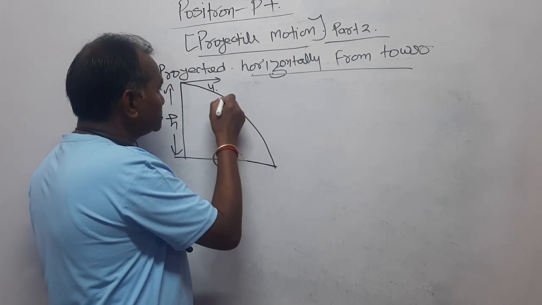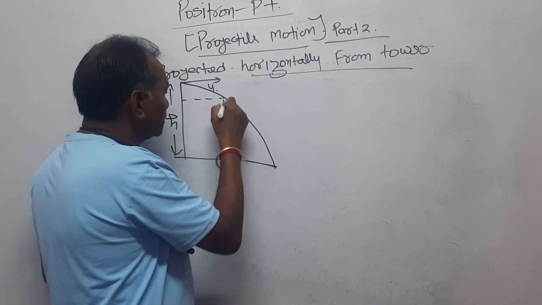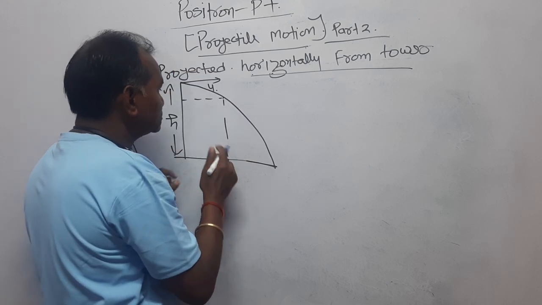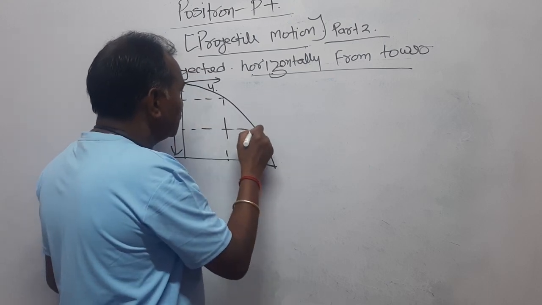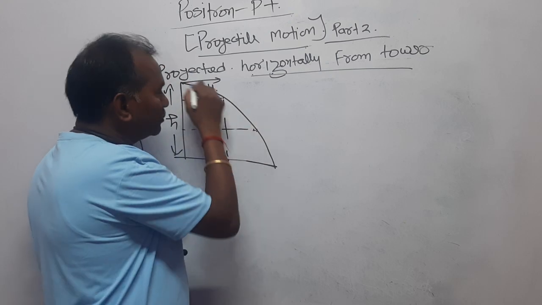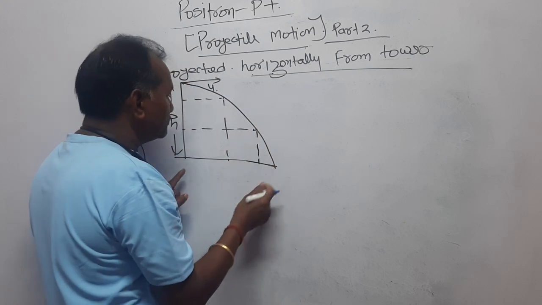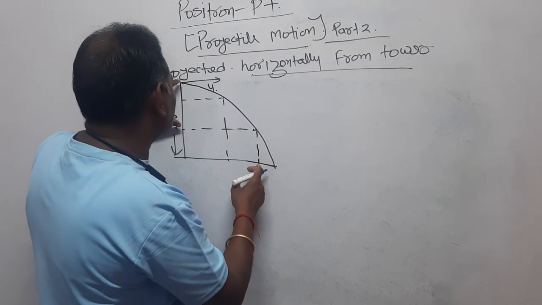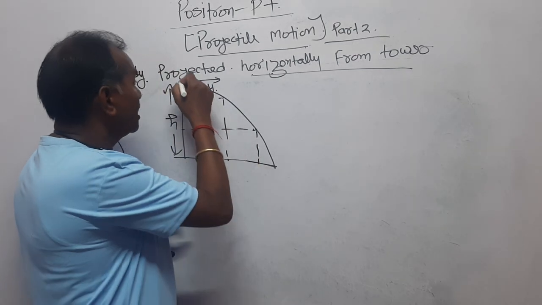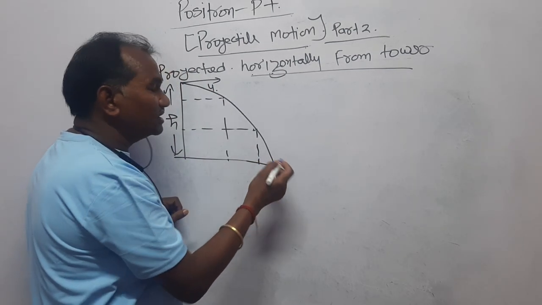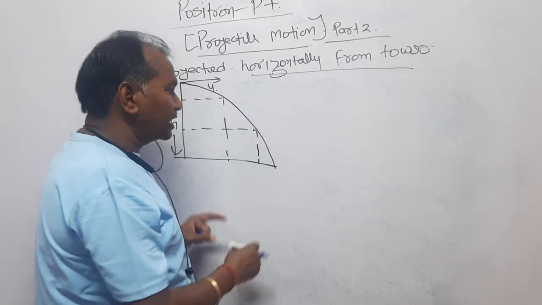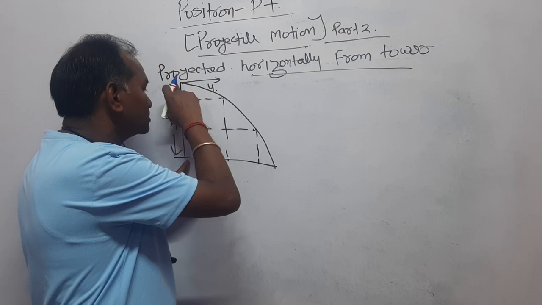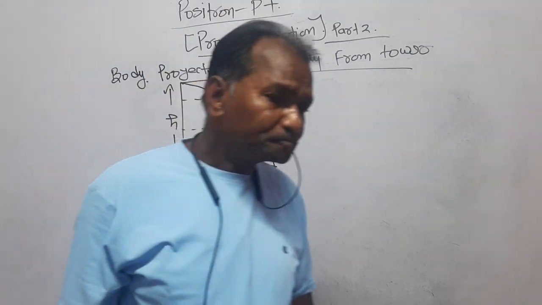When the body reaches here, in the meantime, the body will travel this much distance on y axis and this much distance on x axis. When the body comes here following the curved path, in the meantime the body will travel this much distance on x axis and this much distance on y axis. And when the body will be here, in that meantime the body will travel this much distance on x axis and this much distance on y axis.